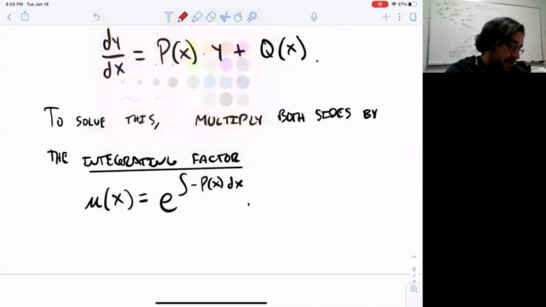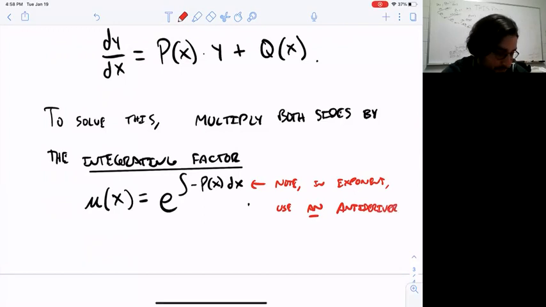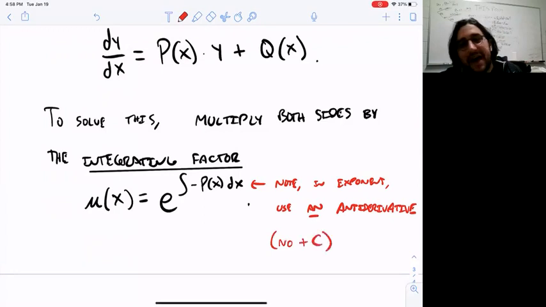One note here. Note in the exponent there, when you do that antiderivative, just use an antiderivative. You don't need the most general antiderivative of negative p. Meaning no, you don't need the plus c when you do that integral.